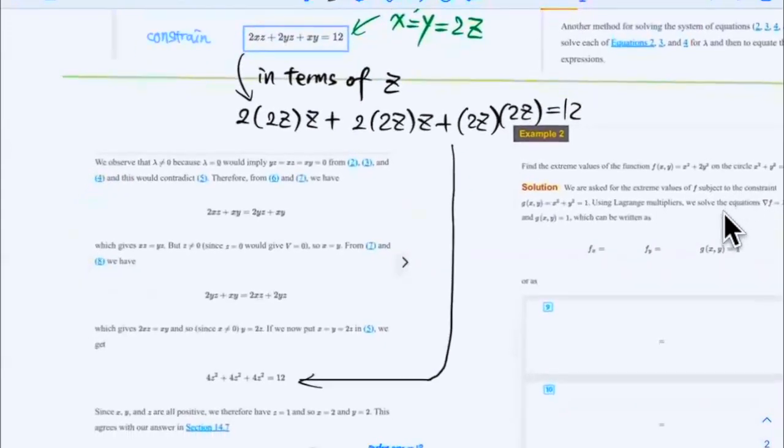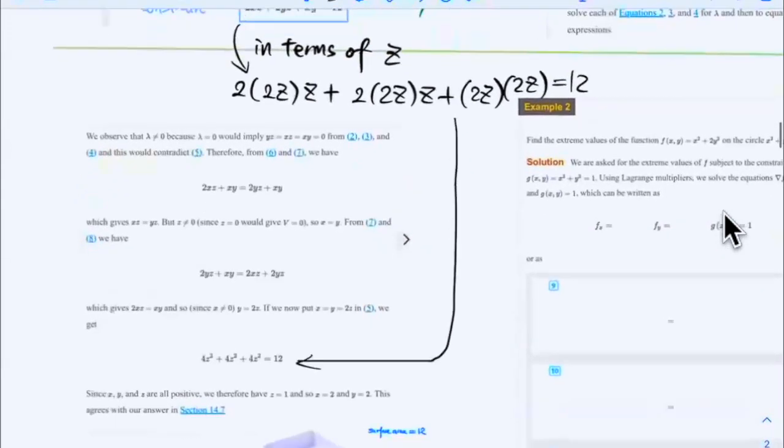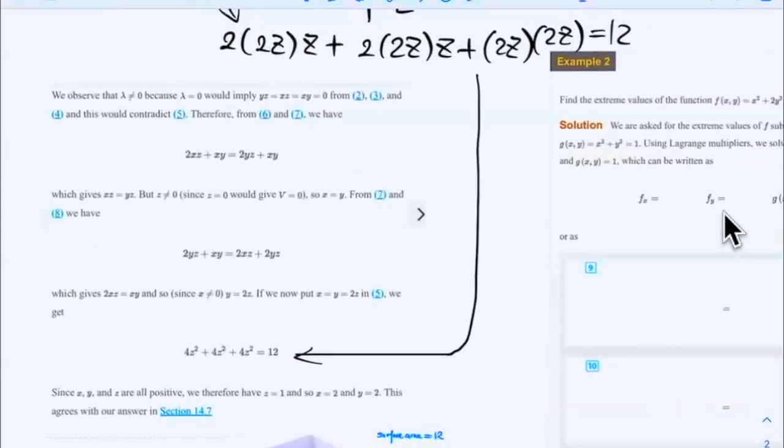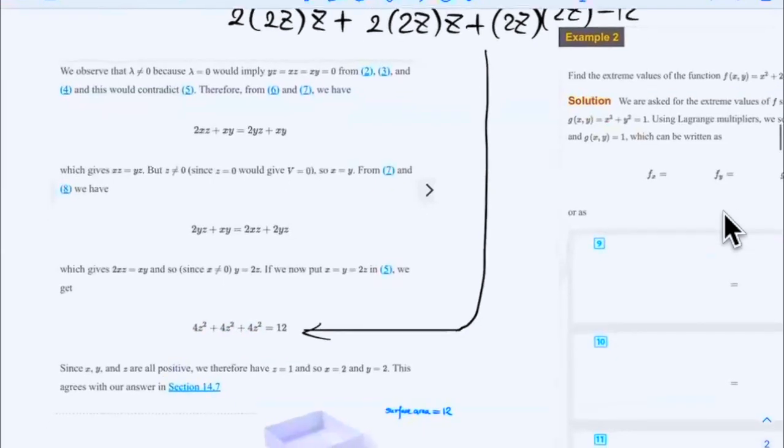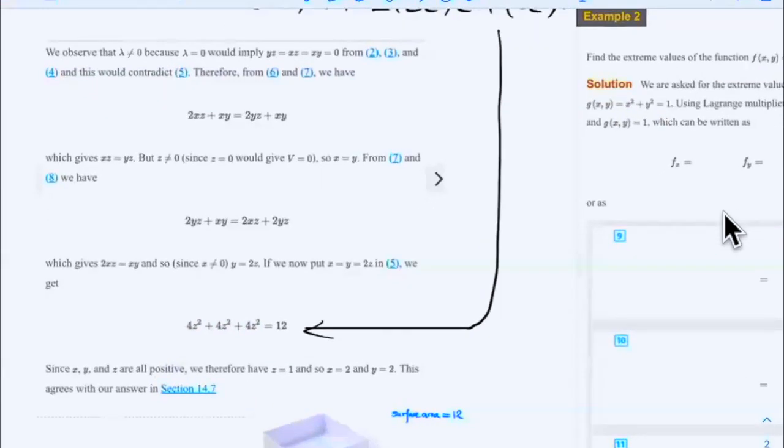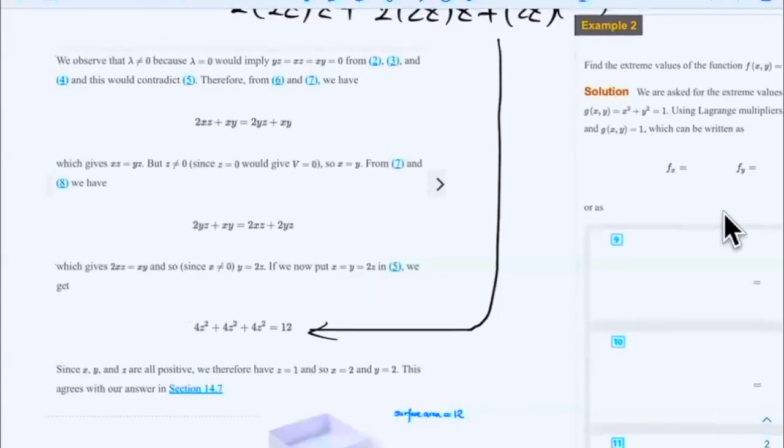So you're going to have 4z squared twice, and sum that up equal to 12. And when you solve this equation, you're going to get z squared is equal to 1.